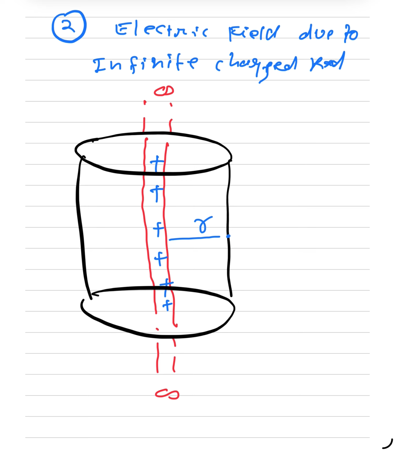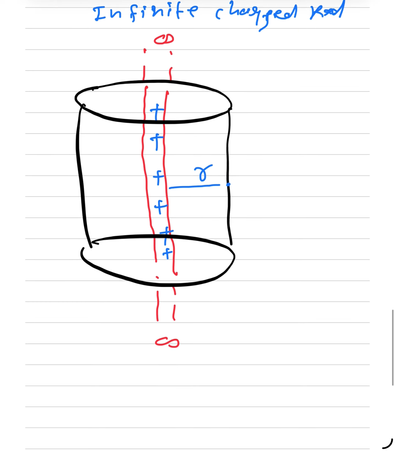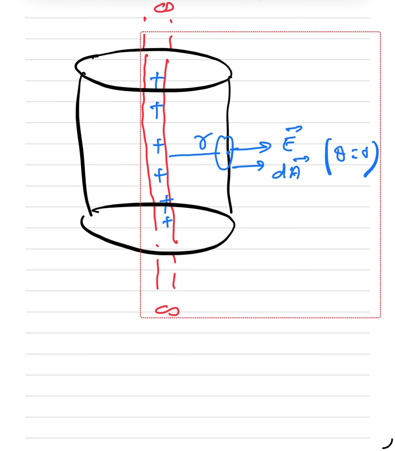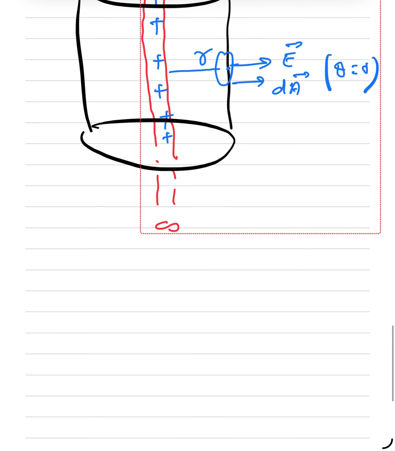The direction of the electric field at this point is along this direction, E, and a small area vector dA is along the same direction, and the angle between both vectors theta equals 0 degree because both act along the same direction.